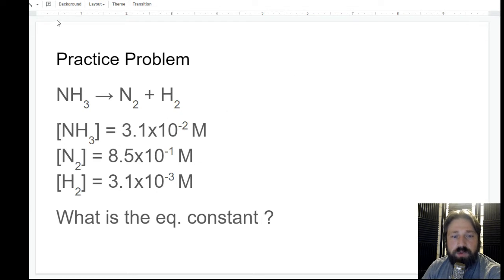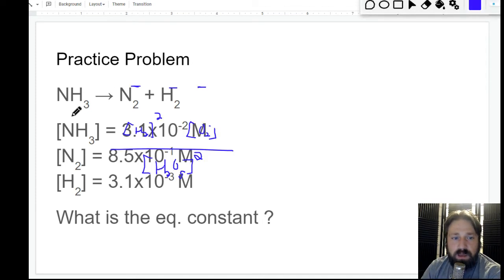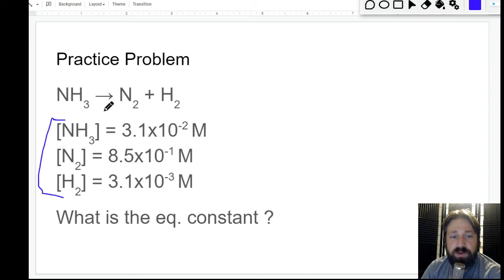Now, once you have that equilibrium expression, if you are given the concentrations, or if you can find the concentrations at equilibrium, we can use your equilibrium expression, that formula ratio you made, to find K, the actual number for your equilibrium constant.